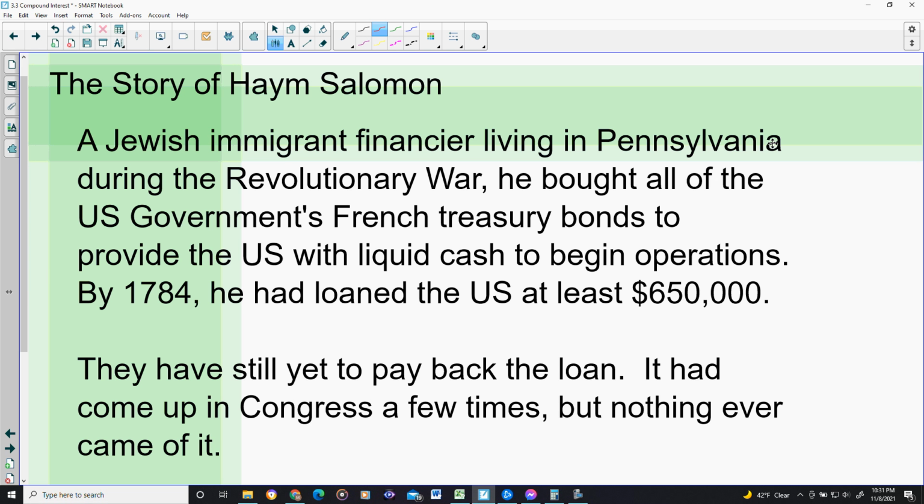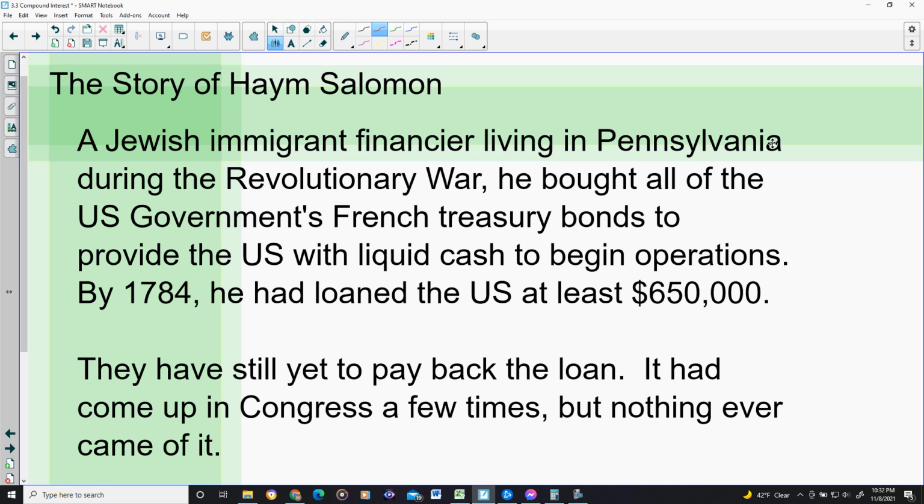Case in point, I'd like to tell you a story about one of the unsung heroes of the American Revolutionary War. His name was Haim Solomon. He's a Jewish immigrant financier living in Pennsylvania. He comes from Poland, and he has one really good skill: fundraising.